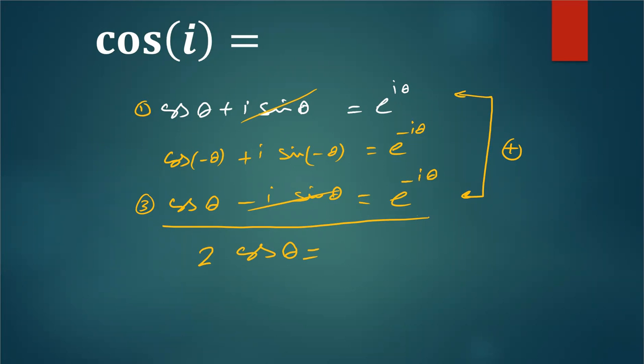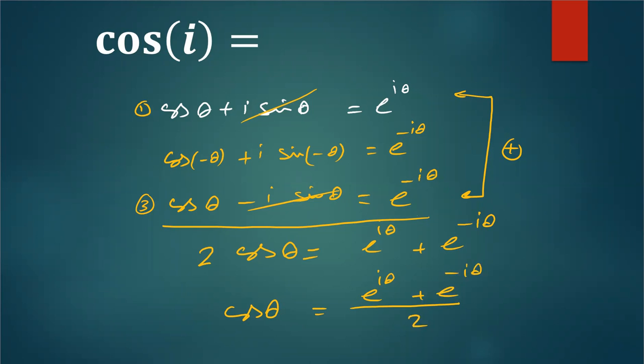And here is e to the power i theta plus e to the power negative i theta. That leads to cosine theta equals e to the power i theta plus e to the power negative i theta over 2.